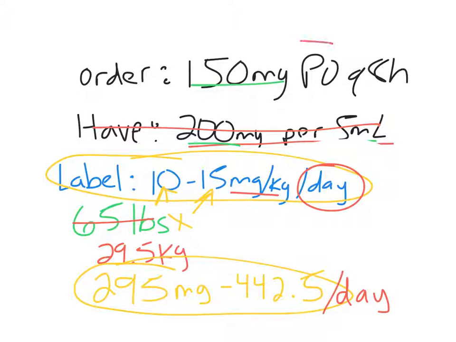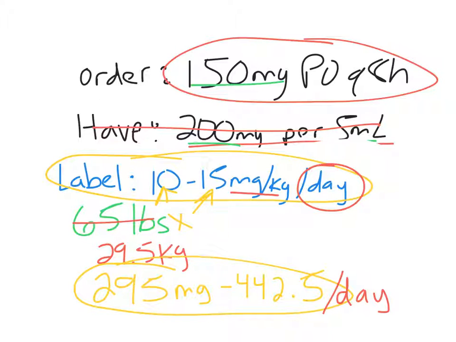So I go up to that ordered dose, which says that my patient was ordered 150 milligrams to take by mouth every 8 hours. Every 8 hours, remember, is 3 times in a day. So 150 times 3 is going to tell me what that would end up being in a full day. Because the safe range is per day, that's why I'm having to compare it that way. 150 times 3 is 450.